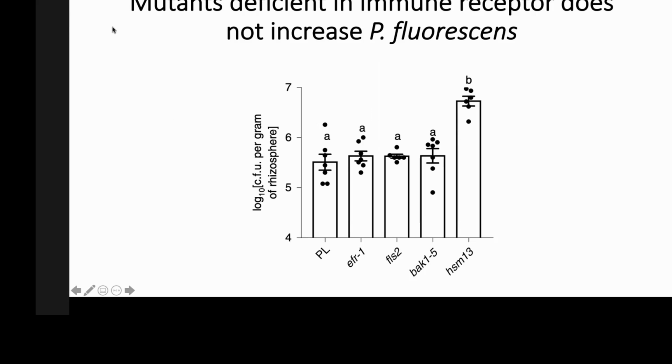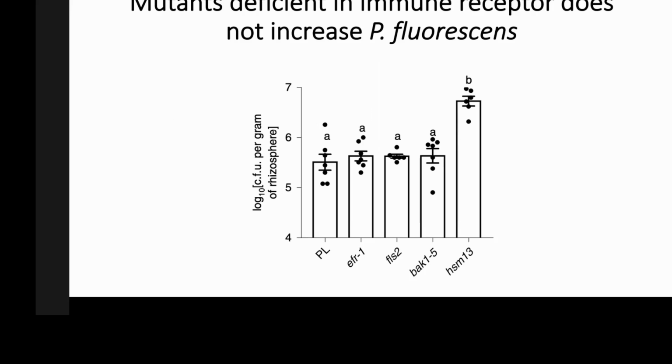Yes, you're right. Yeah. And in the shoot, FERONIA acts as a co-receptor. It induces the complex formation between BAK1, FLS2, and EFR1, and that activates the defense response in the shoot. So it's taking them both out. Yeah, so in theory, by just knocking out BAK1, you should be okay.